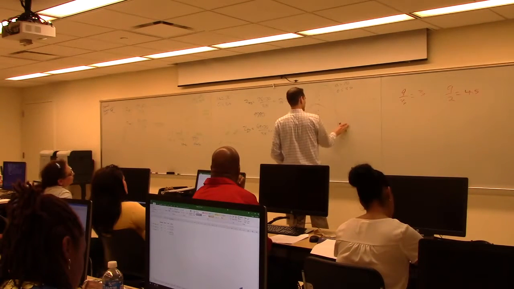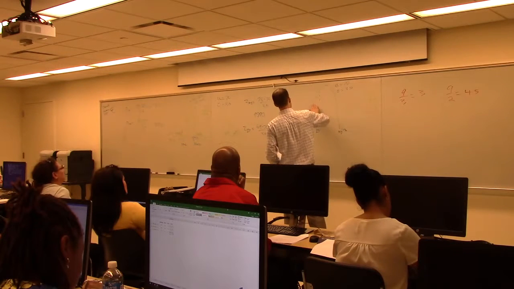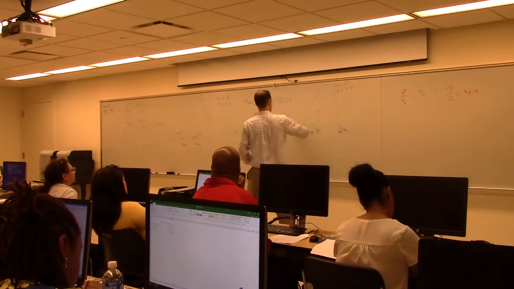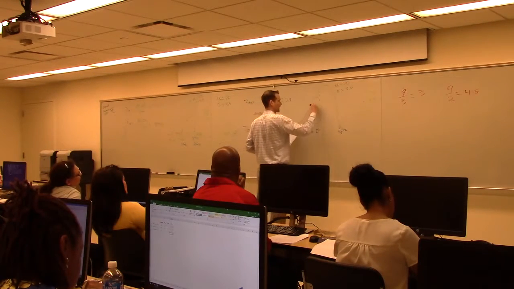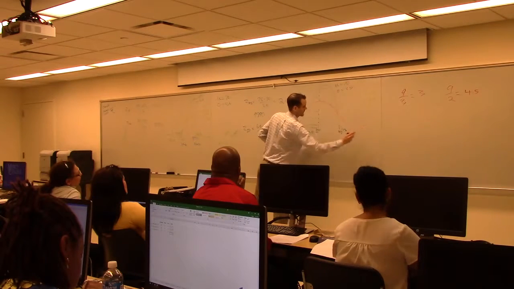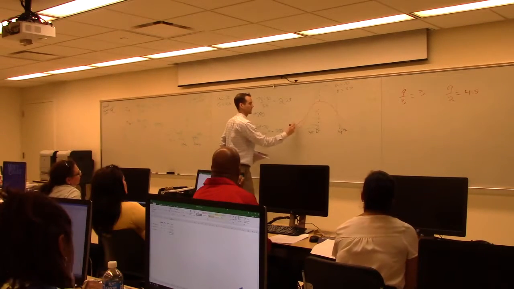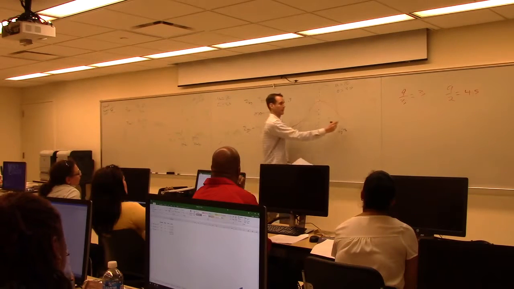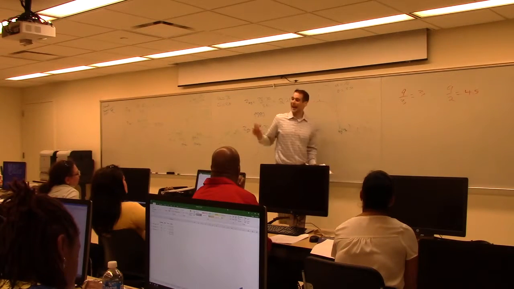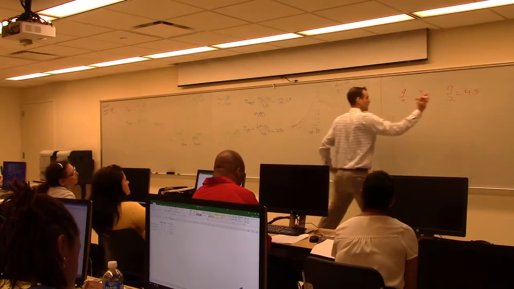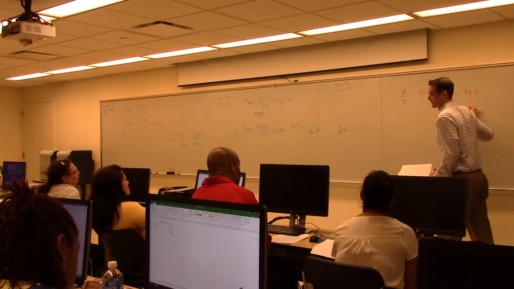Wait a minute, no. Which just looks flatter. Instead of looking like this, it looks more like this. We have to account for the possibility of outliers, and we have to use a larger standard deviation.